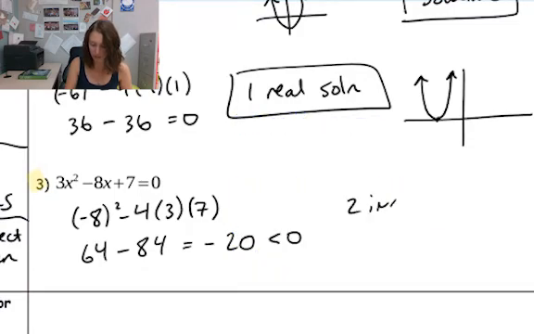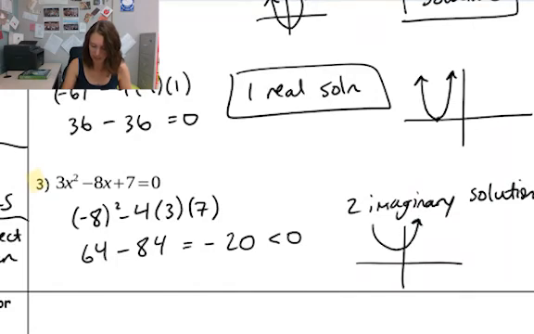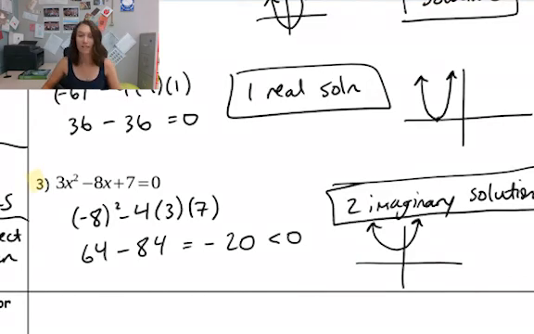So I have 2 imaginary solutions. And what a sketch of that would look like, it would look something like this, where it doesn't cross the x-axis at all. All right, and that's it for today's lesson.